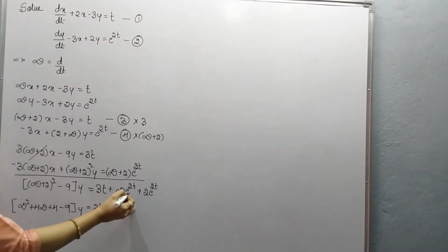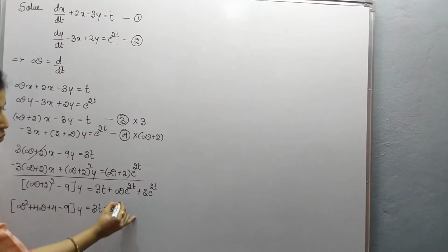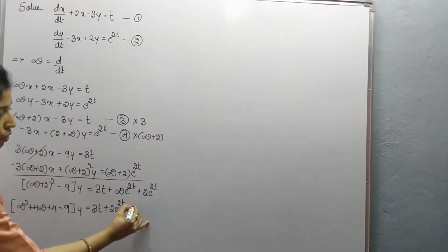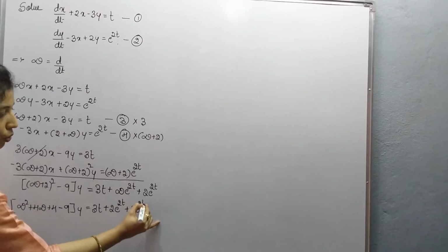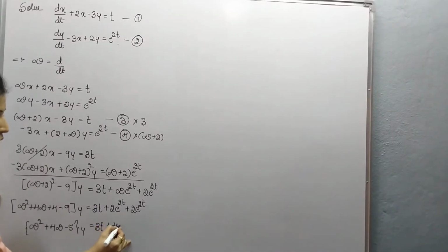And D of e^(2t) means the differentiation of e^(2t) with respect to t, so it becomes 2e^(2t) + 2e^(2t). Then further simplification: (D^2 + 4D - 5)y = 3t + 4e^(2t).